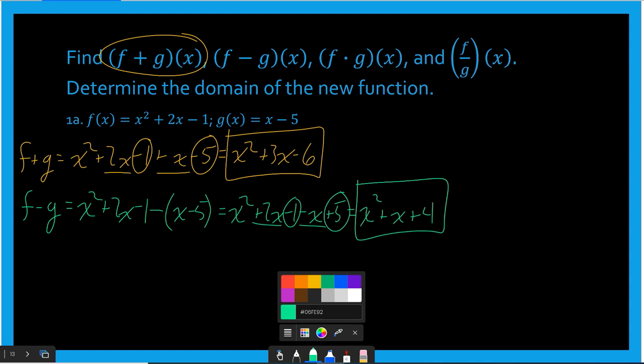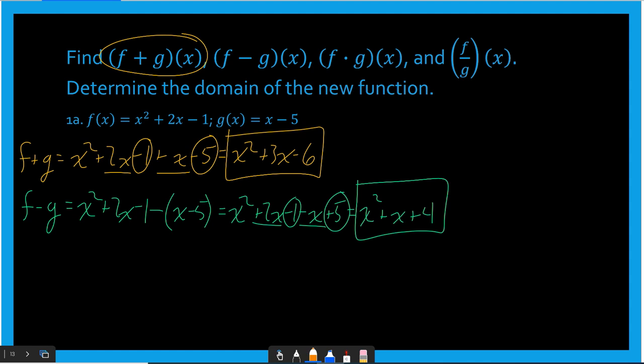Alright, so now we can move on to f times g of x. In this case we're going to multiply. So x squared plus 2x minus 1 times x minus 5. You can use whatever method you want for multiplying polynomials. Alright, so I'm going to have x squared times x, which is going to be x to the third.